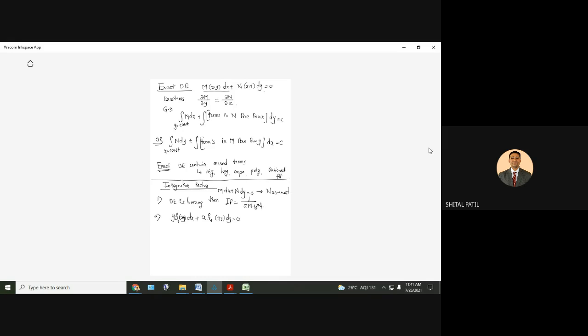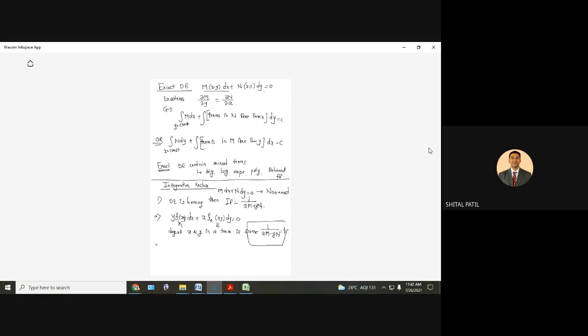Right, now what is the meaning of function of xy? The degree of x and y in a particular term is the same. Same is true for this. If it is so, then the integrating factor will be 1 upon xM minus yN. Okay, 1 upon xM plus yN is the integrating factor in the other case.